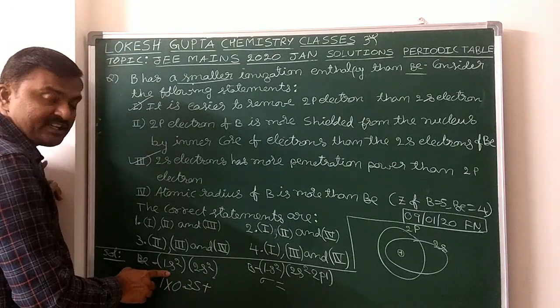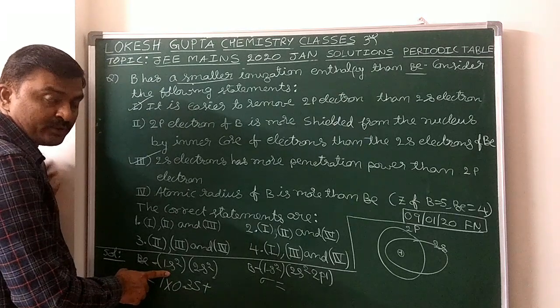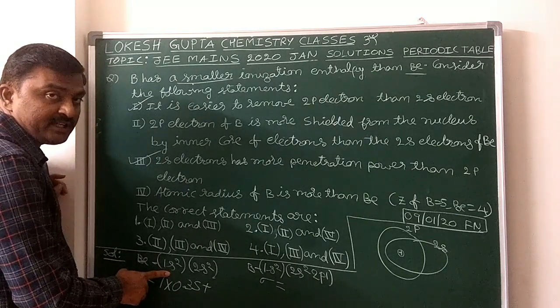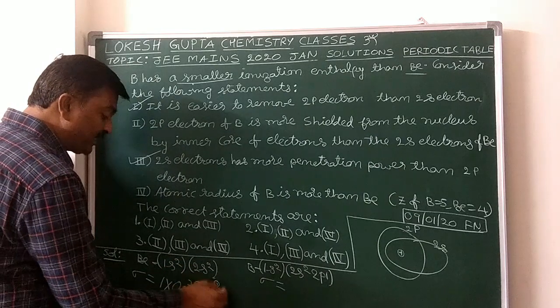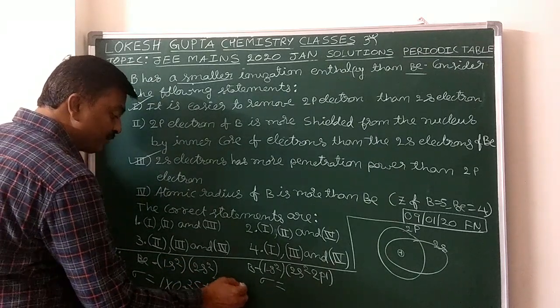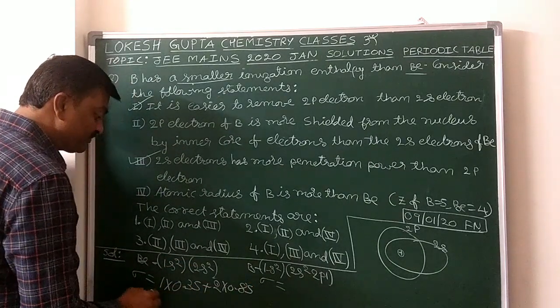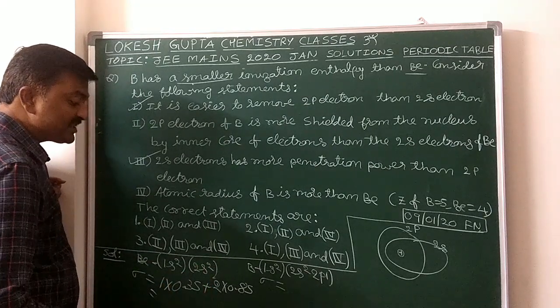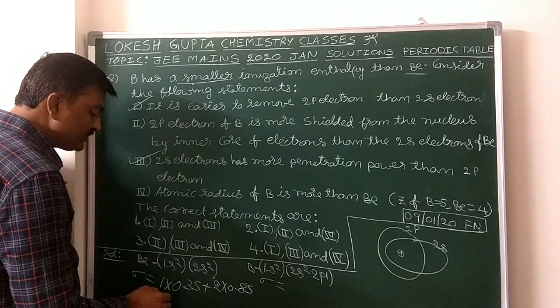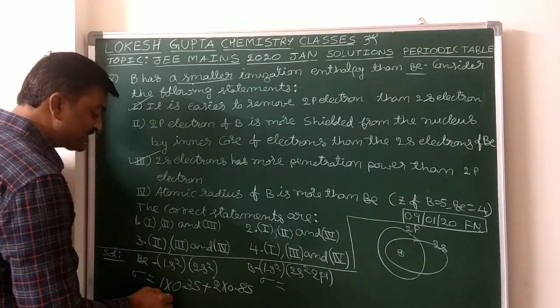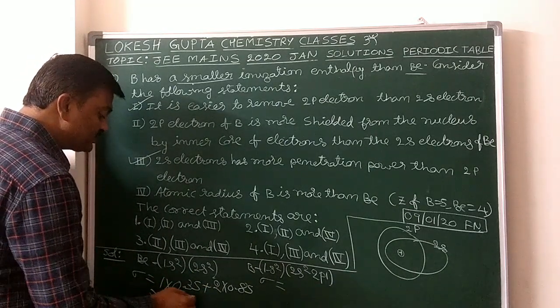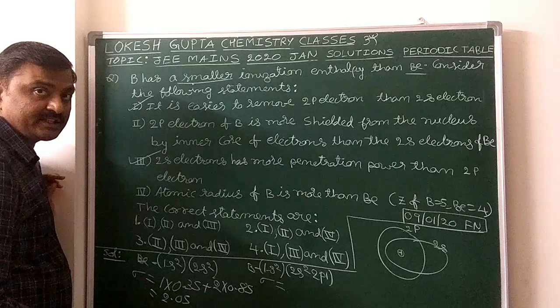Plus, in the n-1 shell, each electron provides screening of 0.85, so 2 into 0.85. So 0.35 plus 1.7, so 2.05 is the screening constant.